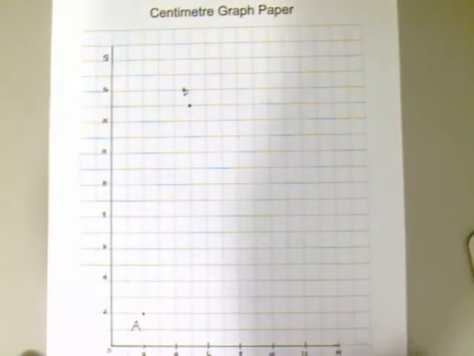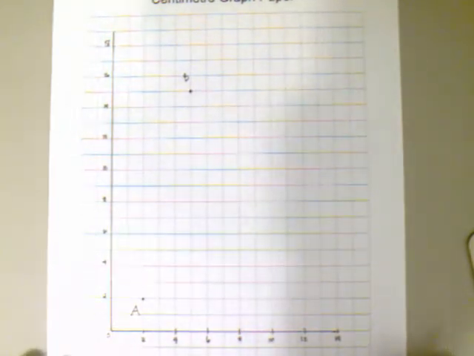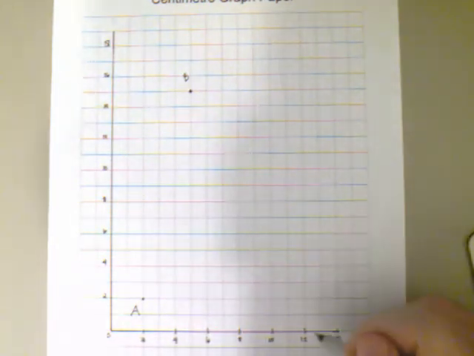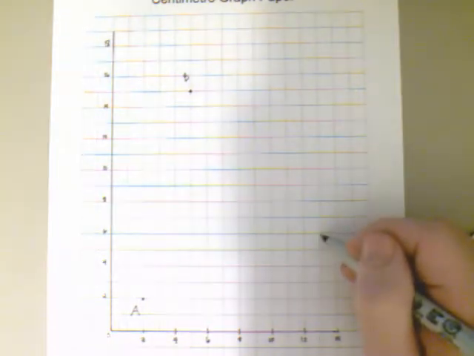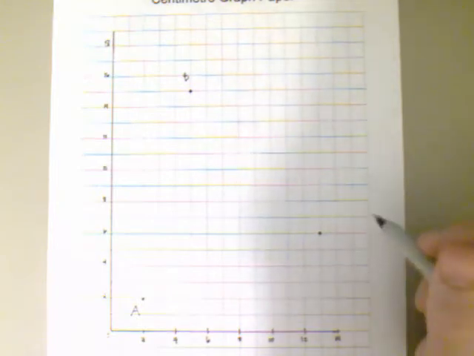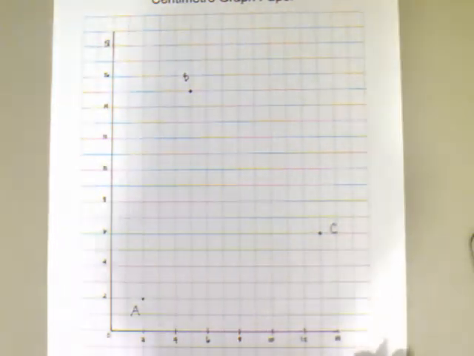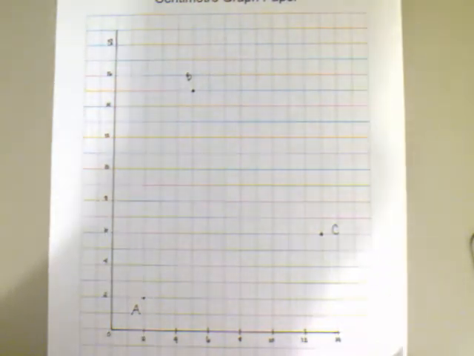My third vertice, let's put that at the point 13, 6. So again, come over 13 on your x-axis, go up 6. Place another dot and call that point C. You should have 3 points on your paper.